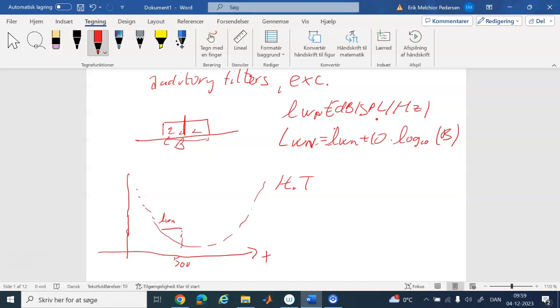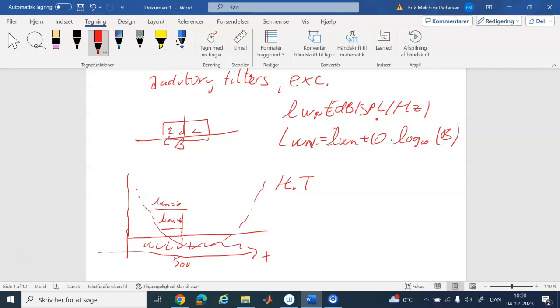It could be maybe 10, but it could be 20, maybe it can also be 0. Let's say we have LVN here.